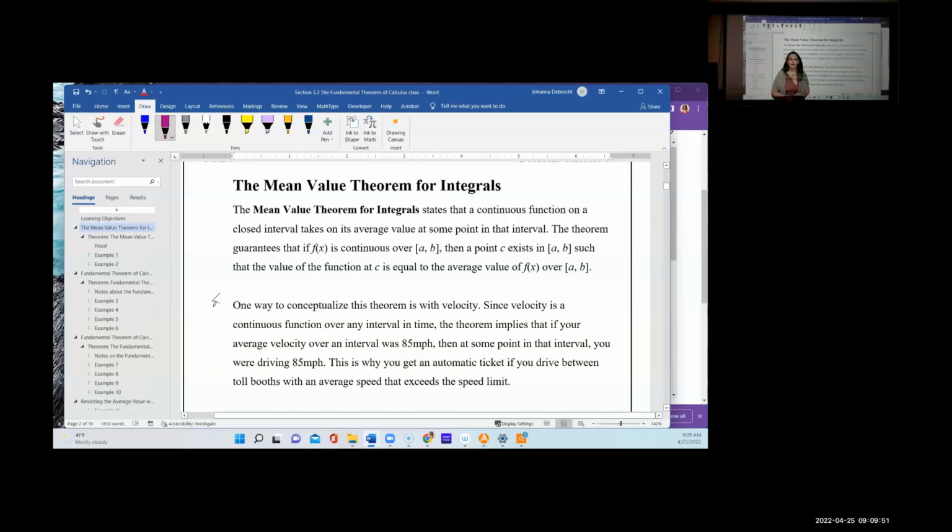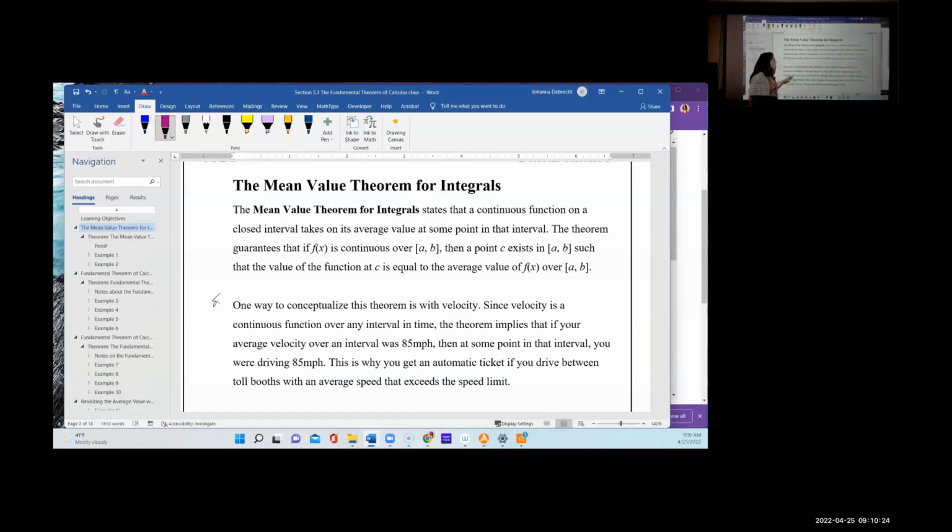The mean value theorem says that if you have a continuous function differentiable on the open interval, then you have some point where the slope of the tangent line equals slope of the secant line. The mean value theorem for integrals guarantees that if the function is continuous over the closed interval, then there's a point C between A and B where the value at C is that average value. Hence the name mean, meaning average.